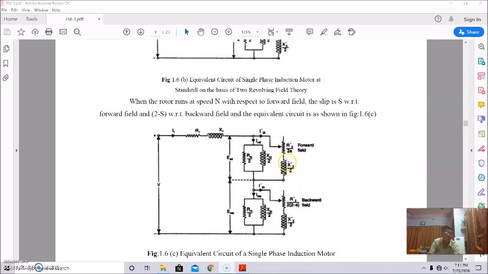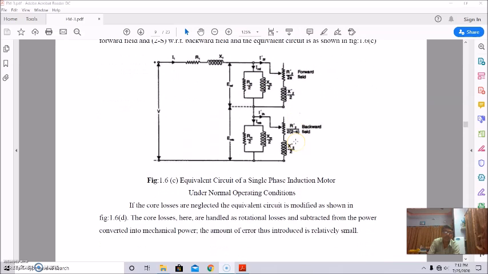This is for the forward field at slip S, and this is for the backward field at slip 2 minus S. So this is the equivalent circuit for the single phase induction motor under normal operating conditions.